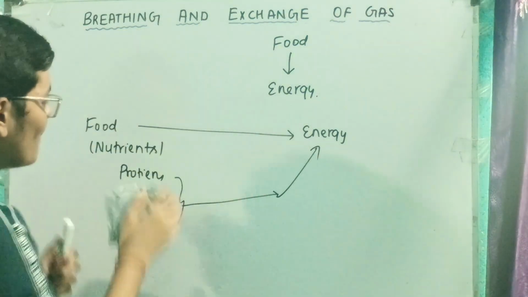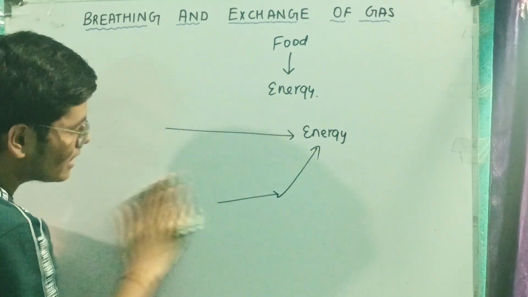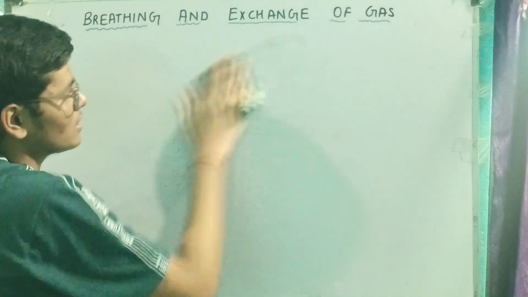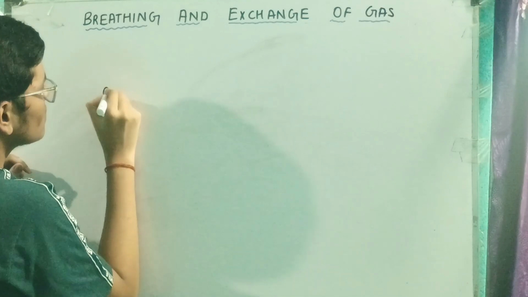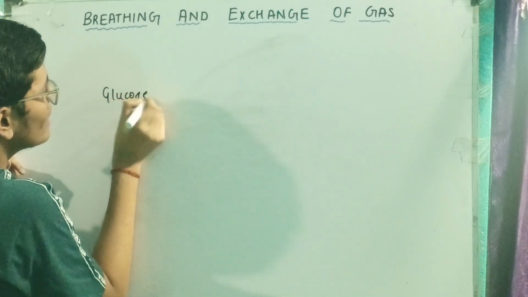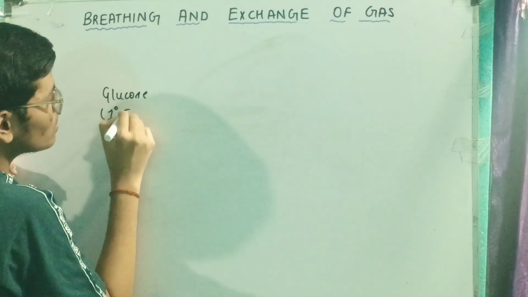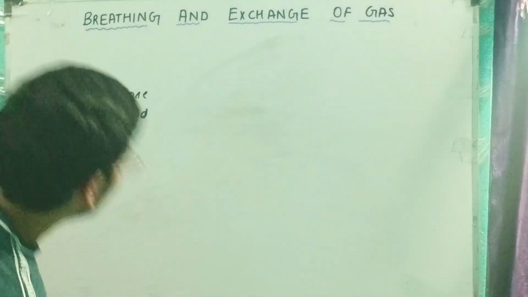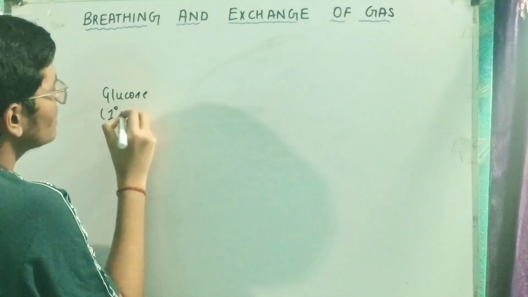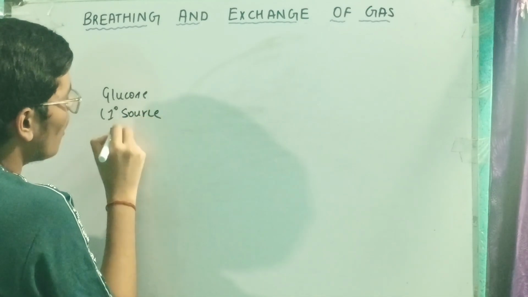Now, we have already learnt about the equation of respiration, because we already know that glucose is said to be primary food source or primary nutrient or primary source of energy.